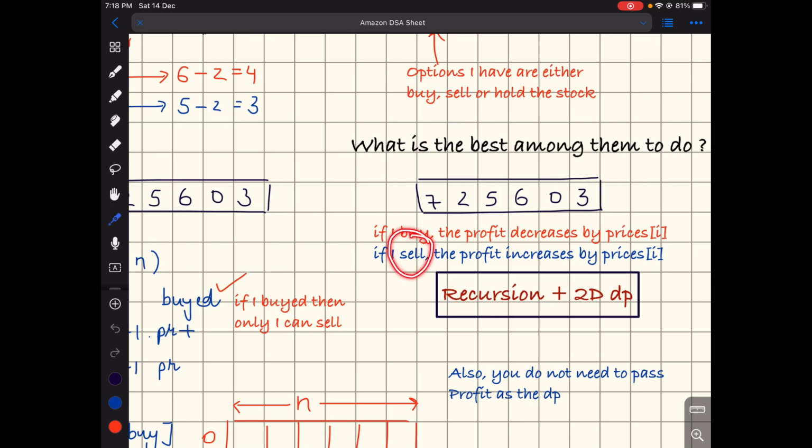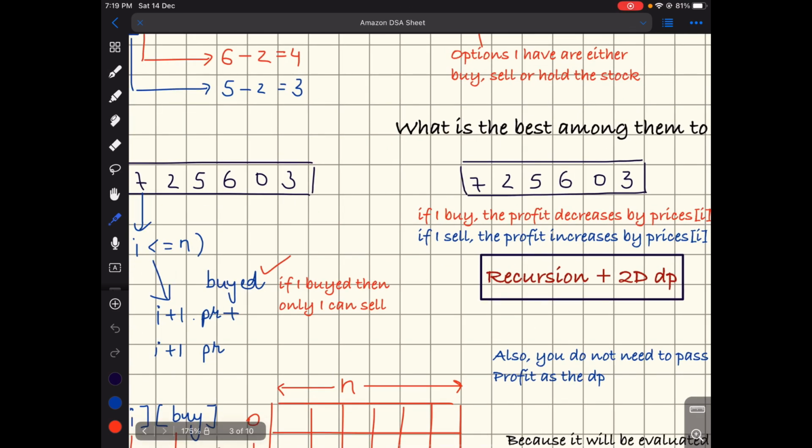But when you are selling, you are gaining money, so the profit will increase by the amount of the share. Whatever the profit is, if you are buying, it will go down, but if you are selling, it will increase. So this calls for recursion.